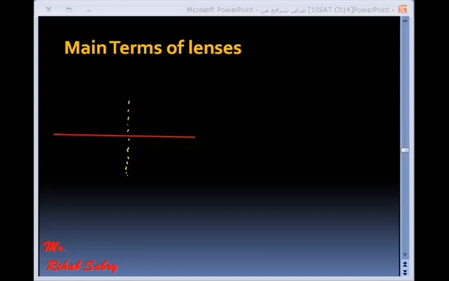So number one, we sketch a horizontal line like this. Then with a very light pencil, we will make a vertical line that will represent the lens. If we want to make it convex, we will make it like this.